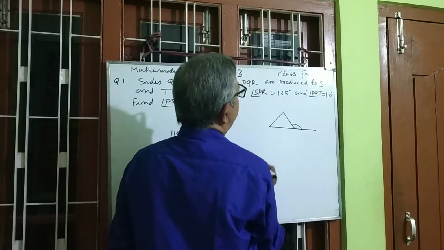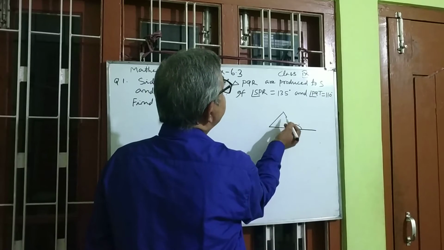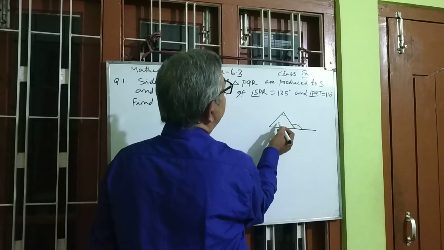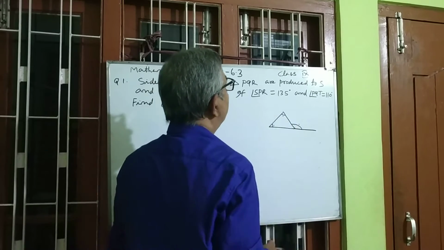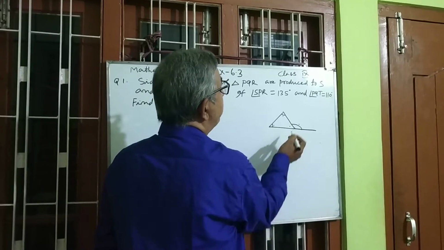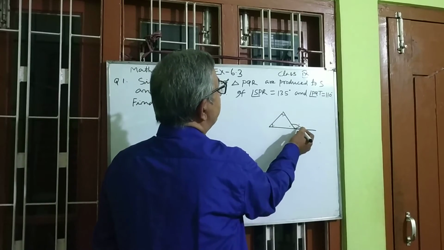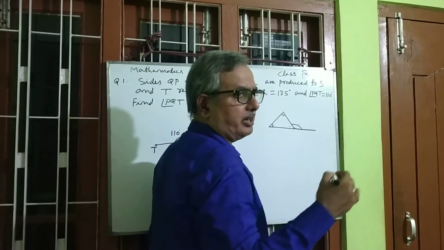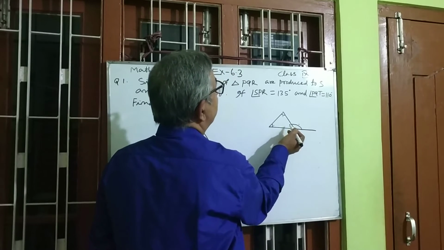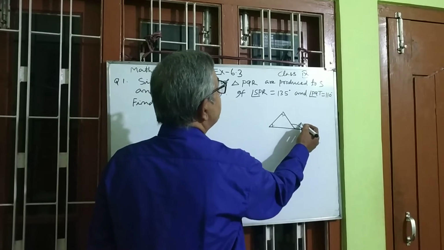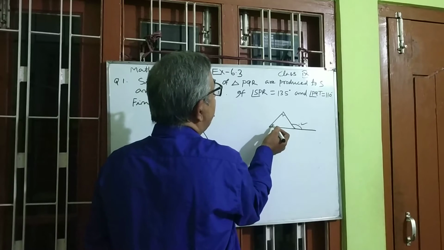For this exterior angle there are two remote interior angles. The adjacent interior angle is very close, so it will not be taken as remote. Remote means the distant angle.